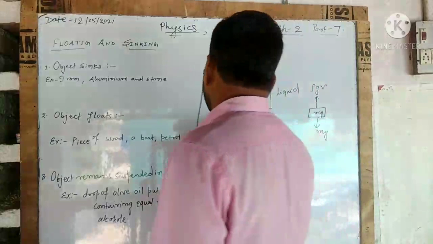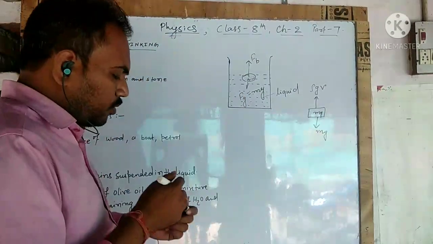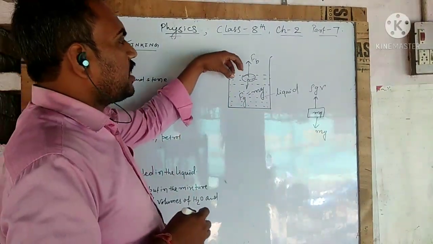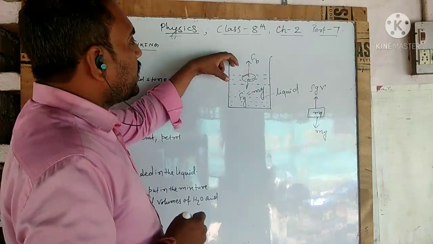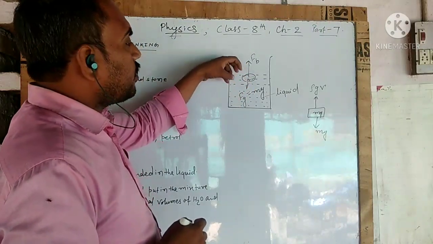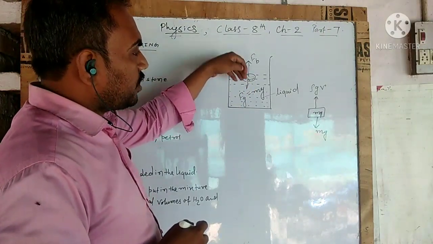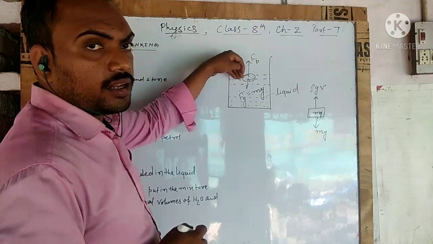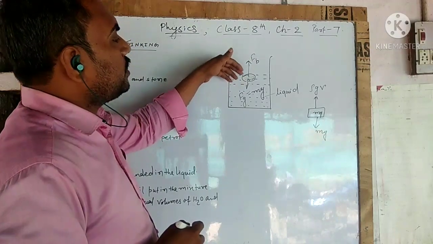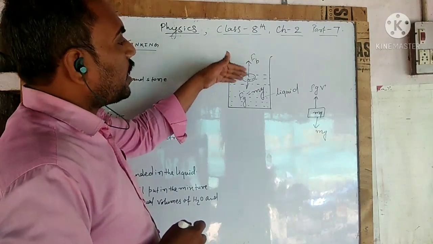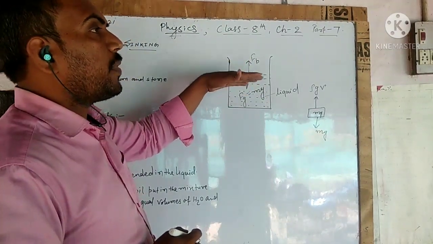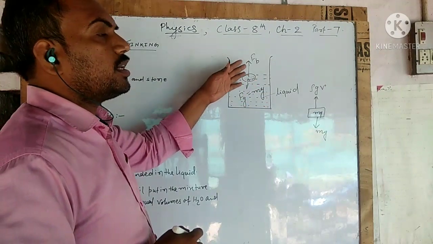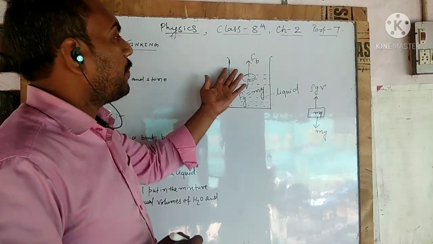Whatever the condition, when we put any solid substance in a liquid, there will be two forces. One is the weight of the body put in the liquid, that is mg, and the other is the force by the liquid on the body, called the force of buoyancy.